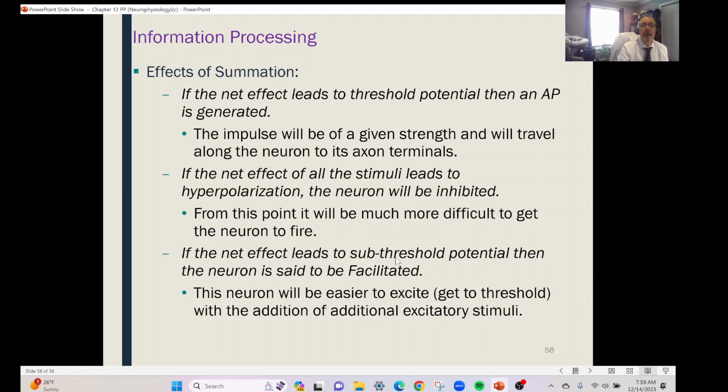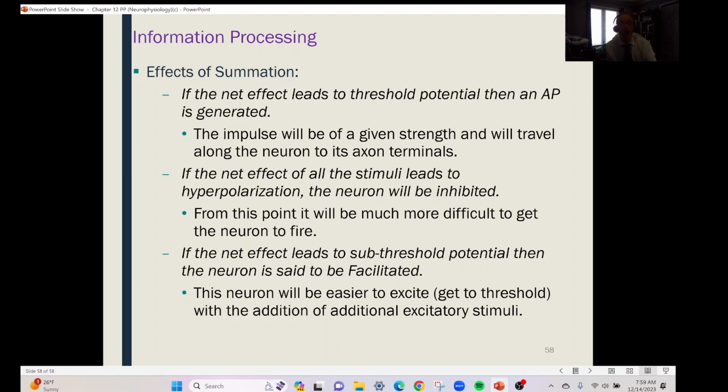Here's a new term. If the net effect leads to a sub-threshold potential, meaning that the curve is starting to go up, but it hasn't reached threshold yet, we say the neuron is facilitated. It's not quite at threshold, so we say that it's facilitated.